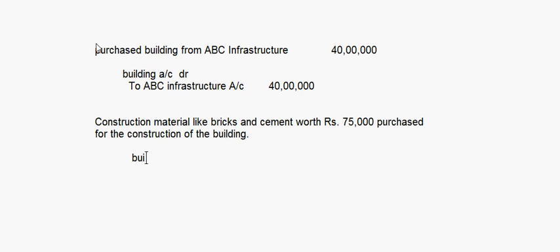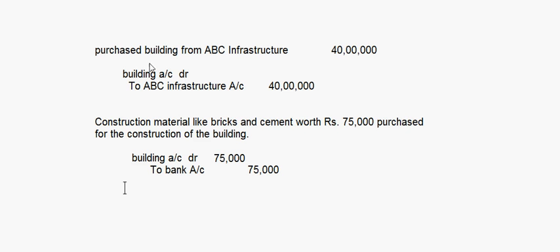Here it will be again building account debit to, let's say, a bank account, because 75,000 you're not, suppose you're not paying it in cash. If nothing is given, we can put cash account also, right? But if it's specifically given that it is paid by check, then obviously to bank will come. Or if the question says it's paid in cash, then to cash should come. If nothing is given, you can put either cash account or bank account, right?